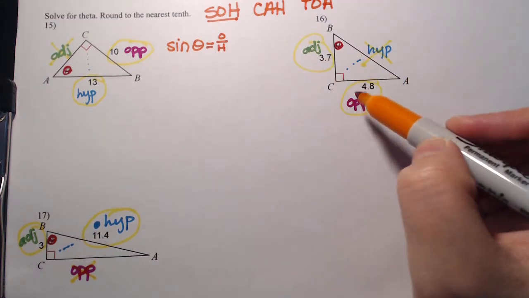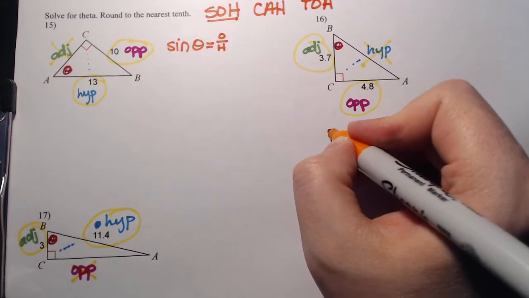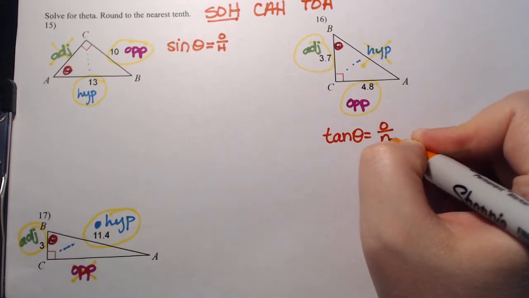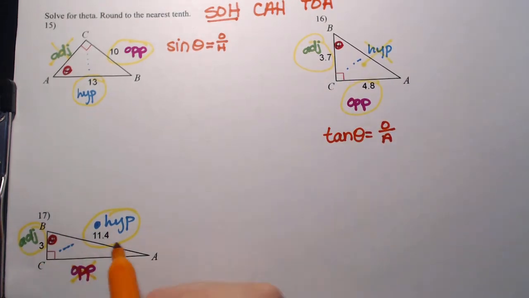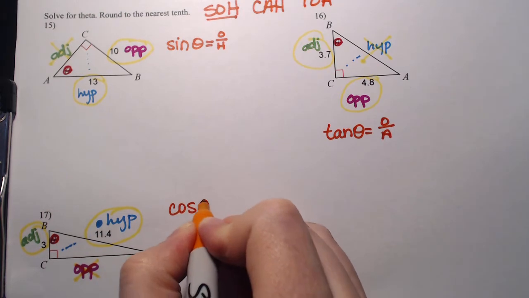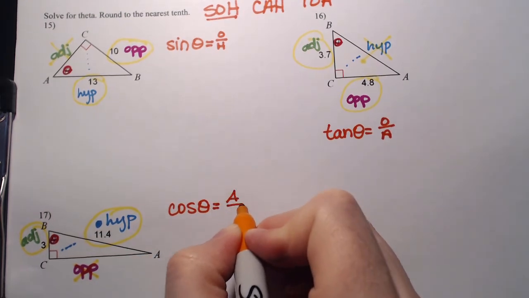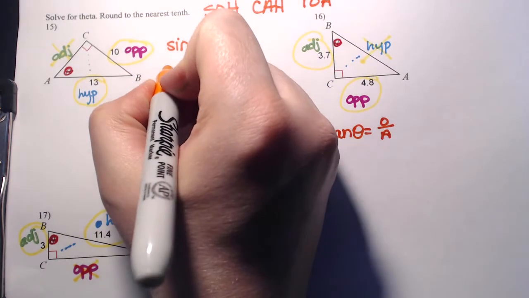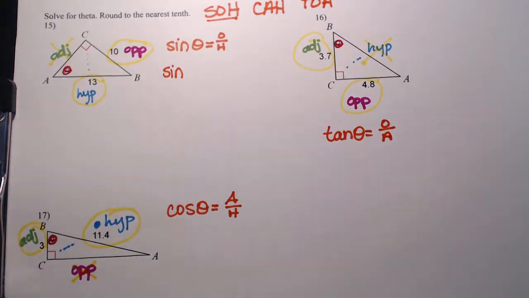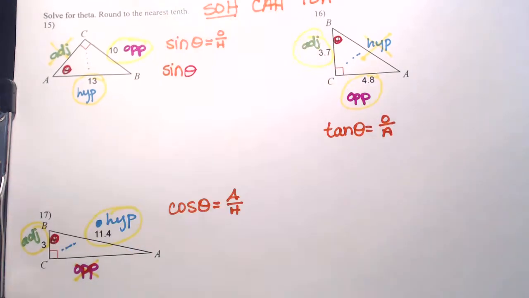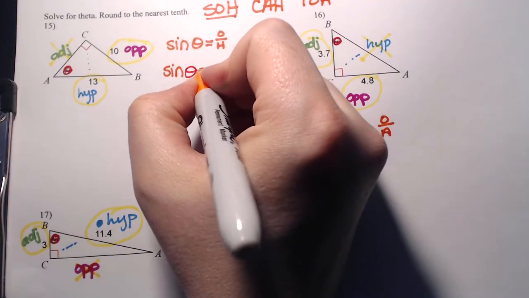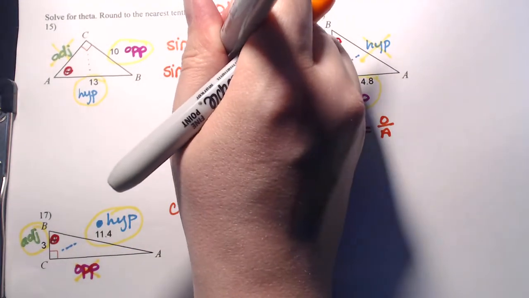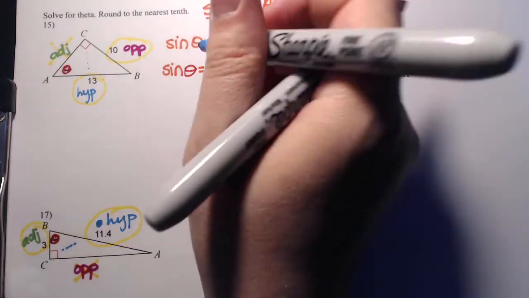What works with adjacent and opposite? Tangent. And adjacent and hypotenuse is cosine. Then I just fill in the information with what I have. I know sine of some angle is going to equal opposite over hypotenuse.